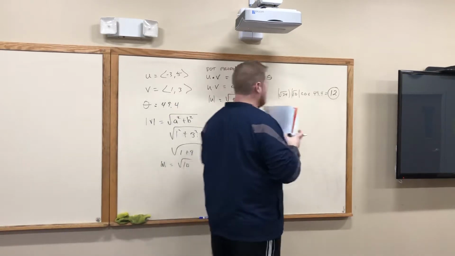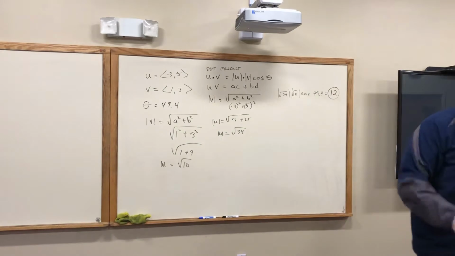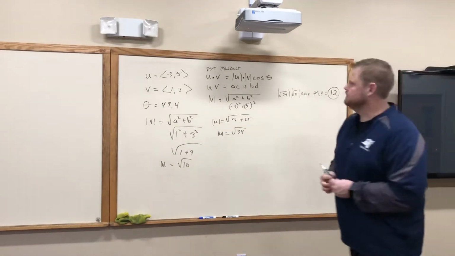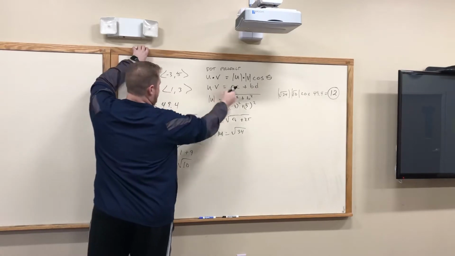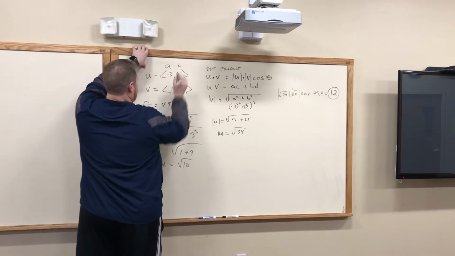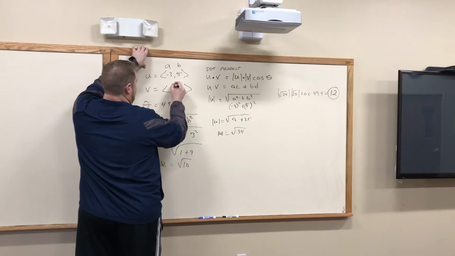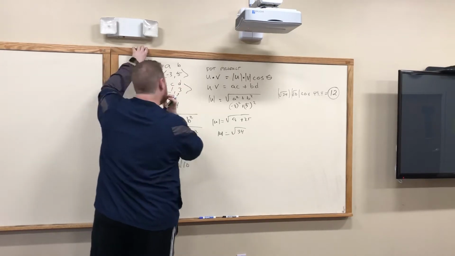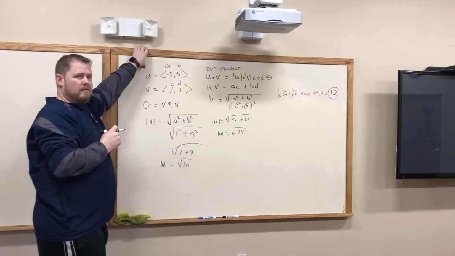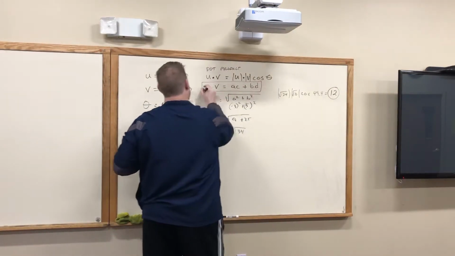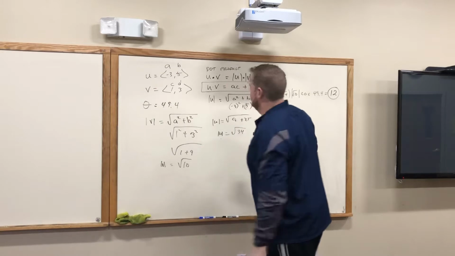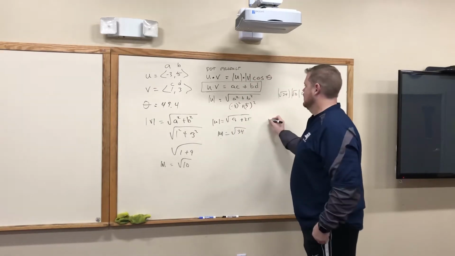Now you say, well, what is a, b, c and d? Here's what they are. U is A and B. V would be C and D. Does everybody follow me?